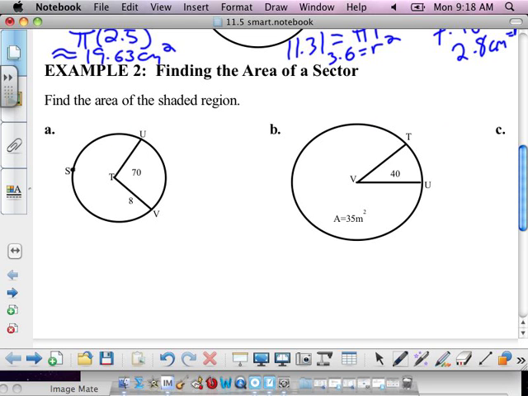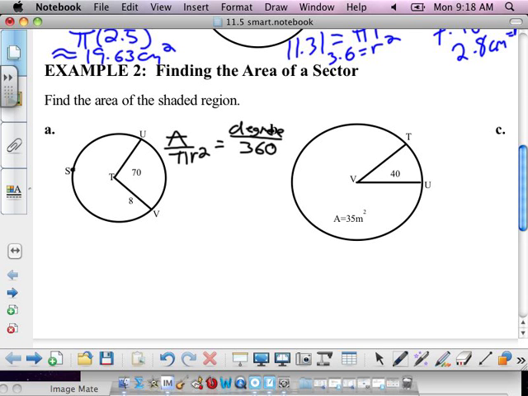It says the shaded region because that's what it'll say in your book. But if I shaded this, you wouldn't be able to see how many degrees it is. So it's the one in between radius TU and radius TV. Again, we're going to use that ratio on the front, which is the area over pi r squared equals the angle, or degree, of my sector over 360.